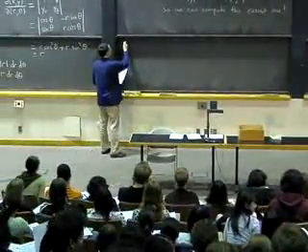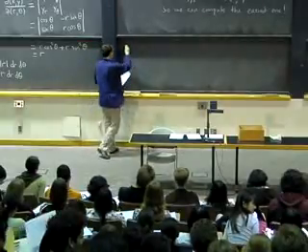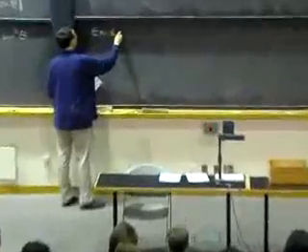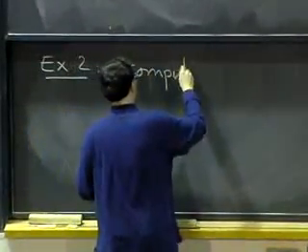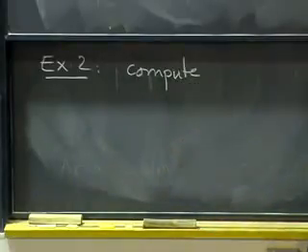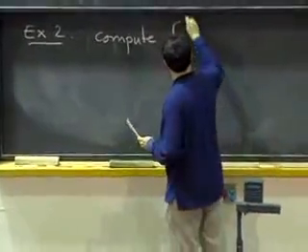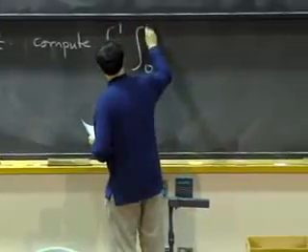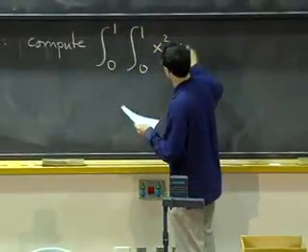Okay, so now let's do a complete example to see how things fit together, how we do everything. So let's say that we want to compute this. I have to warn you, it's going to be a very silly example. It's an example where it's much easier to compute things without the change of variables. But it's good practice in the sense that we're going to make it so complicated that if we can do this one, then we can do them all.